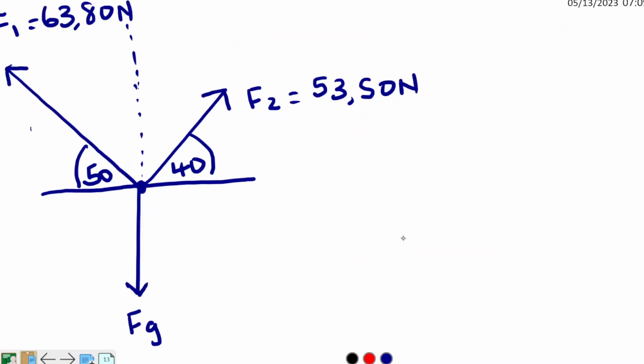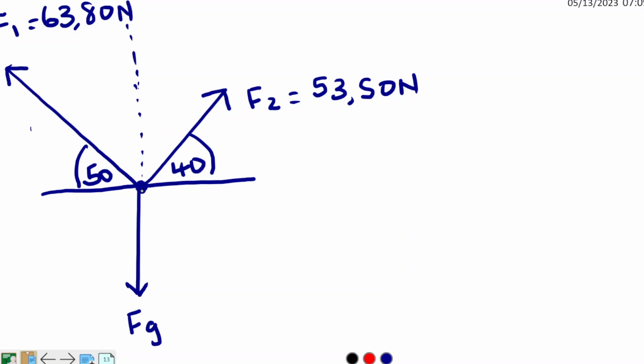So going back now to our system. In order for us to be able to draw a closed vector diagram, we need to look at our system and see how these 3 vectors acting at the same point can form a closed triangle.